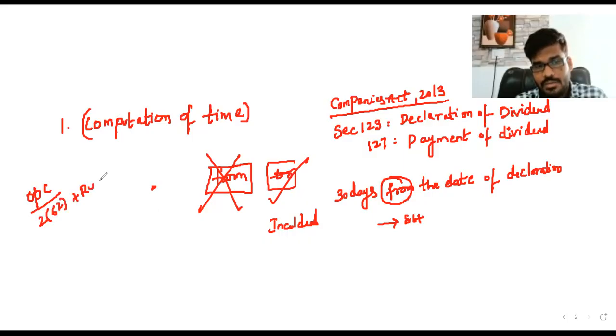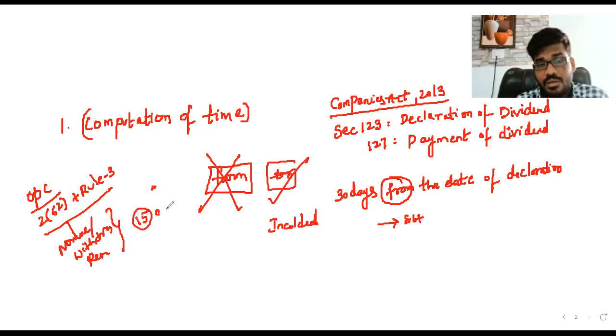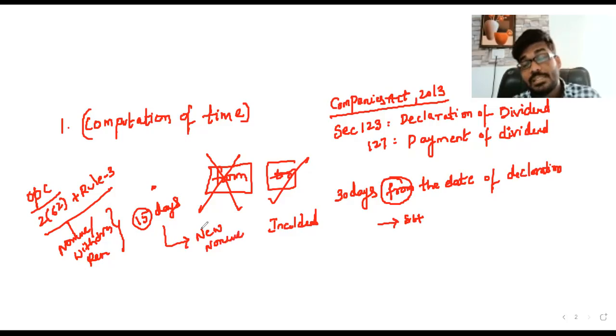Whenever a nominee is removed or withdraws, within 15 days from the date of removal, you can appoint a new nominee in place of the old nominee by obtaining INC 3 and INC 4 from the nominees. So 15 days from the date of withdrawal, 15 days from the date of removal.